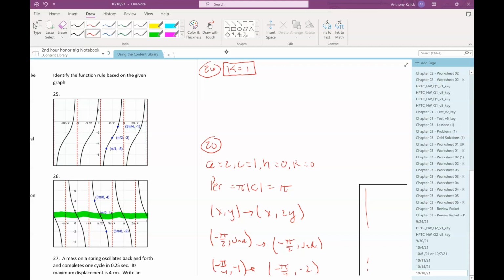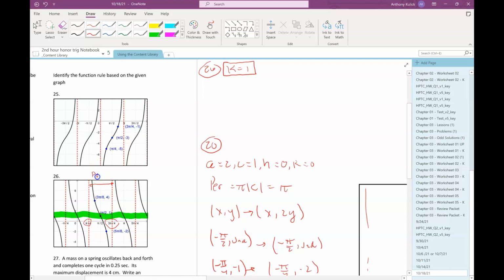Okay. So far, so good. Okay. Next, I'm going to figure out the period. So I'm just going to look from like asymptote to asymptote. So I started at positive pi over 4 and I go to 3 pi over 4. So I must have gone 2 pi over 4.